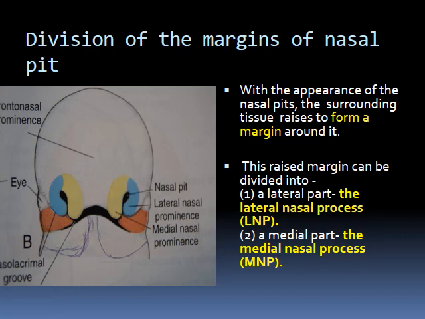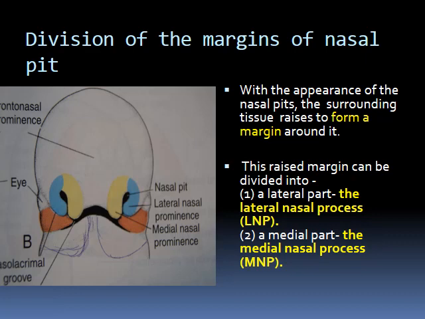A lateral part, represented by the blue color in the picture, is called the lateral nasal process, and a medial part, represented by the yellow color in this picture, is called the medial nasal process. In fact, together they constitute the margin of the nasal pit. For descriptive purposes, for better understanding, we divide it into the lateral nasal process and the medial nasal process.